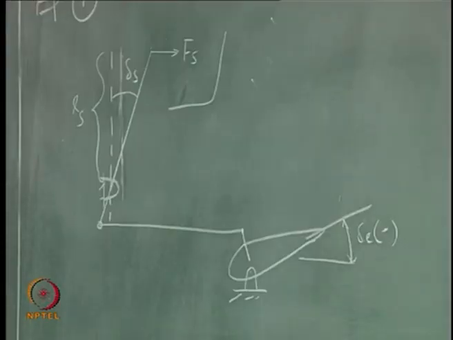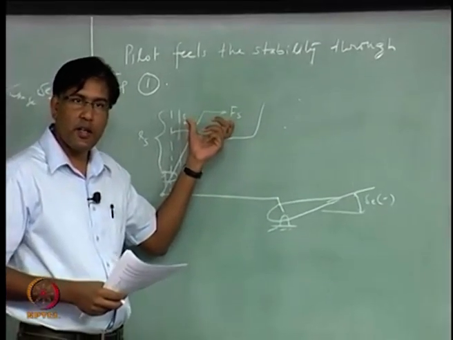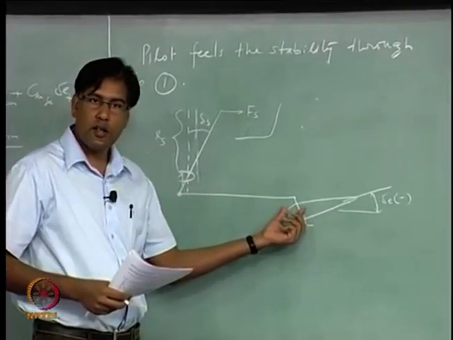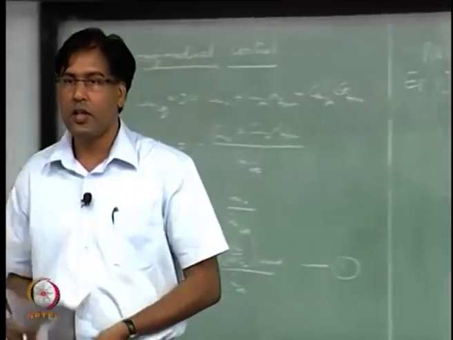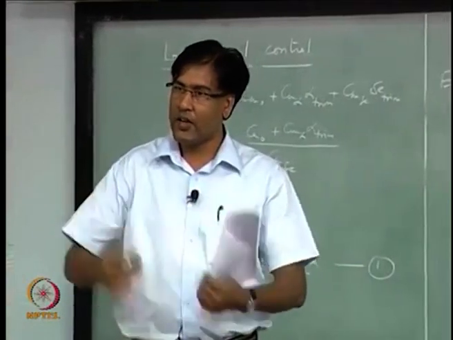If I want to find out what this force should be, I have to talk about the moment that it has to overcome, isn't it. Elevator is in the flow field. So, there are forces acting on the elevator.